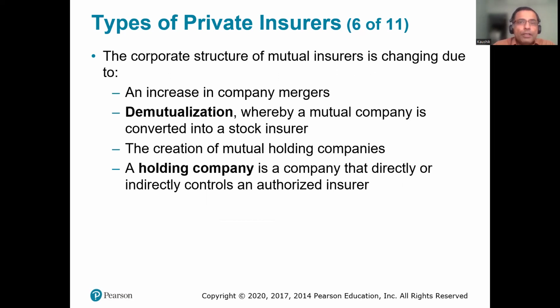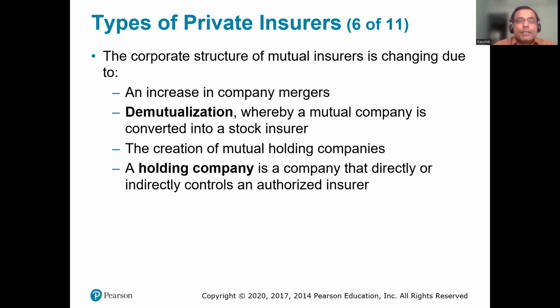But we see emerging trends among mutual insurers. The first one is consolidation. Many mutual insurers are merging and trying to create bigger insurance companies. Then there is a trend towards demutualization. That is, the company which used to be owned by policyholders is now becoming a company owned by stockholders.